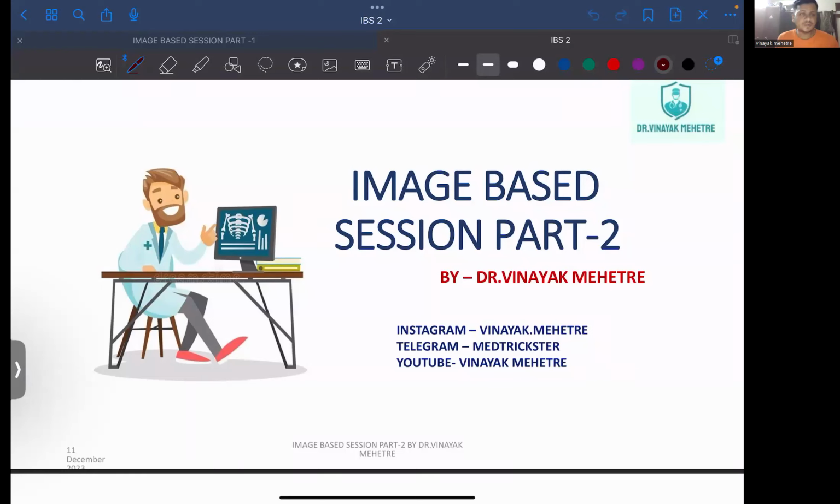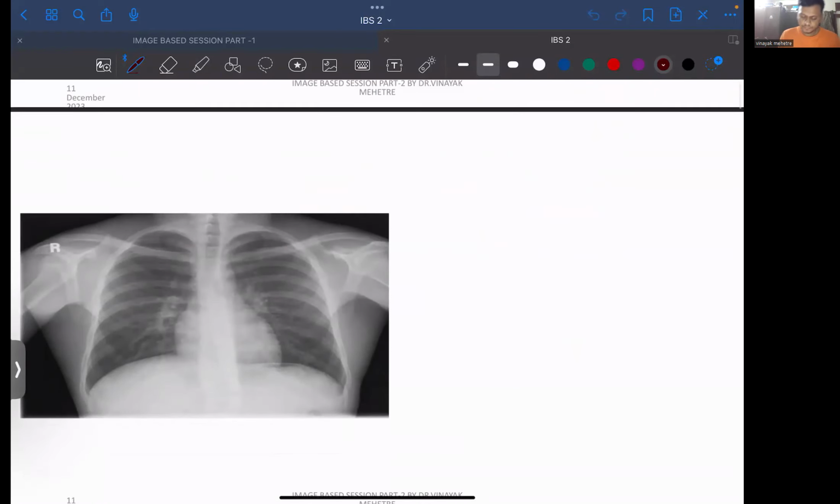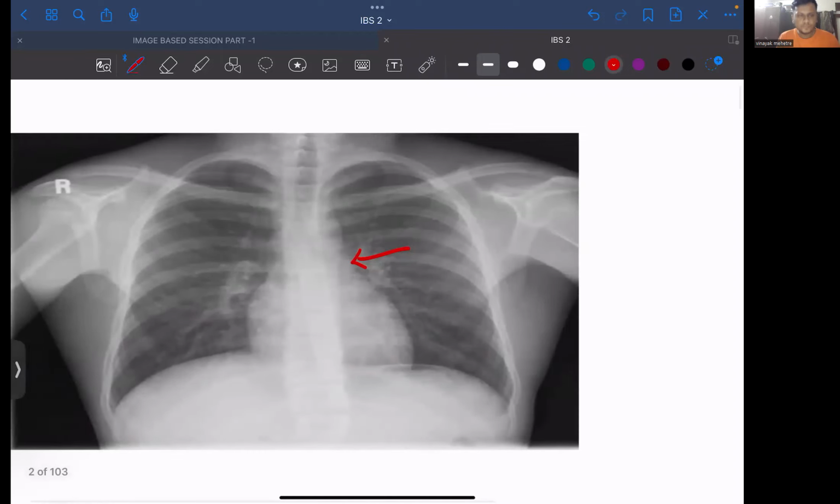Okay, try to answer. So, first one, what is this? You can take a look and try to answer. What do you think? Anyone? No one?